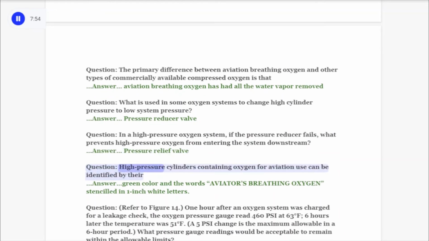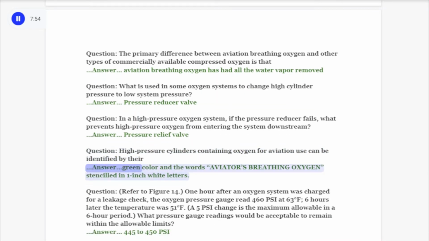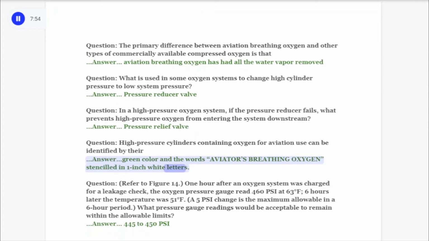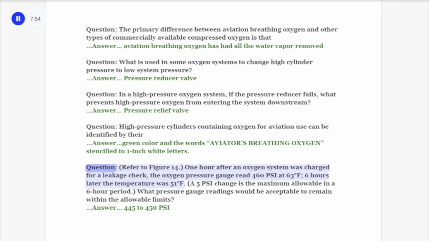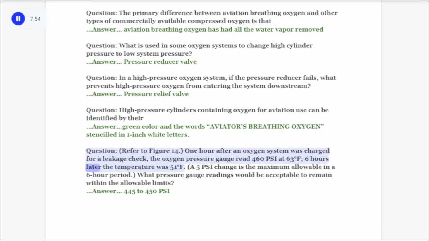Question: high-pressure cylinders containing oxygen for aviation use can be identified by their. Answer: green color and the words aviators breathing oxygen stenciled in 1-inch white letters. Question: refer to figure 14. 1 hour after an oxygen system was charged for a leakage check, the oxygen pressure gauge read 460 psi at 63 degrees Fahrenheit. 6 hours later, the temperature was 51 degrees Fahrenheit.